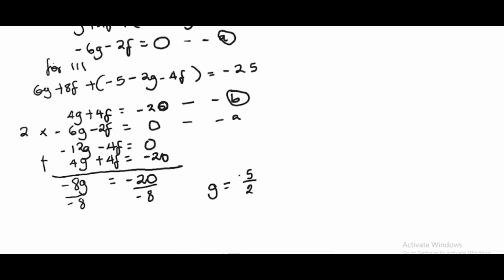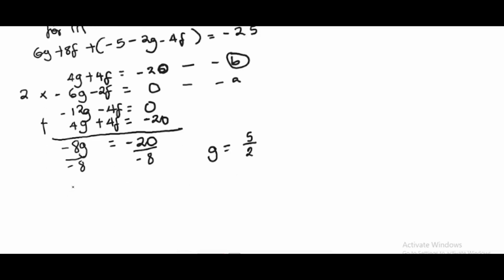So solving for f, I'm going to substitute 5 over 2 into any of these equations that I just solved. So let me use the last one. I have 4 into 5 over 2 plus 4f is equal to minus 20, right? So 2 divided into 4 will give us 2. So we have 10 plus 4f will give us what?